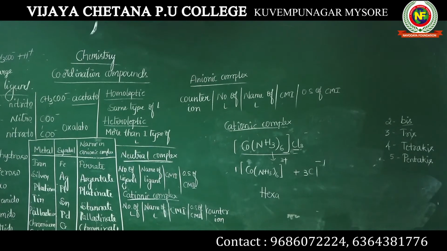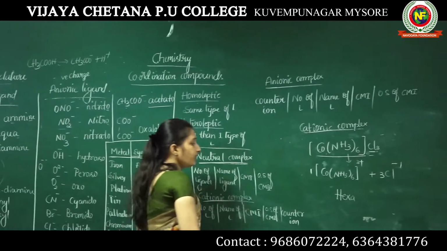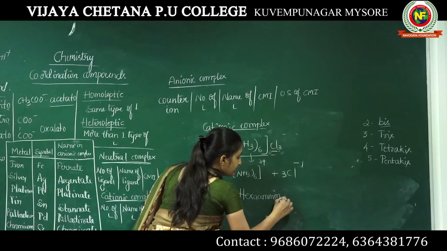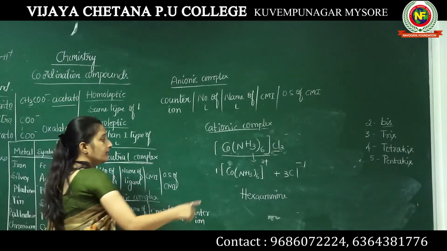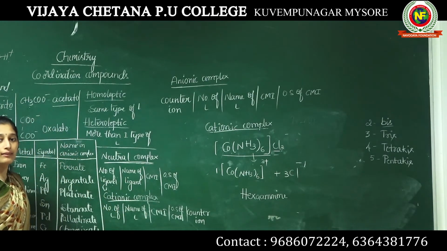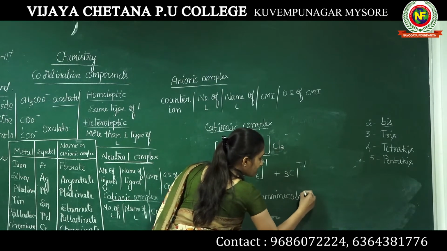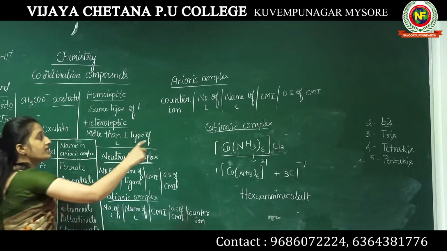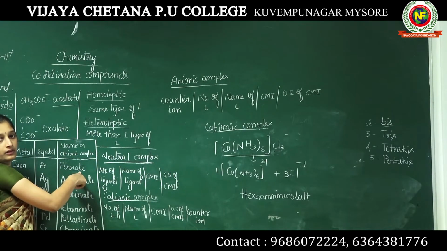What is the name for NH3? Ammine. NH3 means ammine, so hexaammine, meaning six ammonia groups. What is the next one? The central metal atom. Which one is it here? Cobalt. I am going to write cobalt only, not cobaltate. Why? Because this is cationic, not anionic.